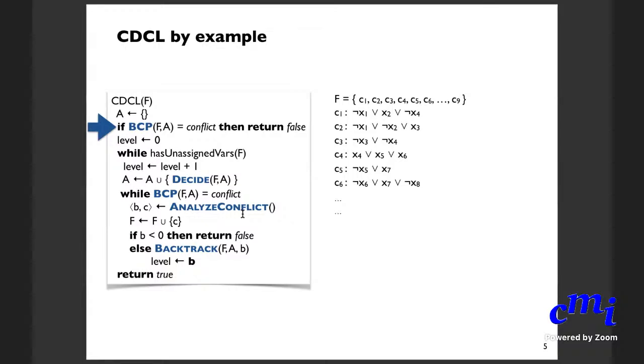Except that now, we need to maintain some additional information about what goes on inside BCP, as it propagates these unit literals and gets some dependencies. We keep track of the dependencies among the decisions that get made during the BCP process.